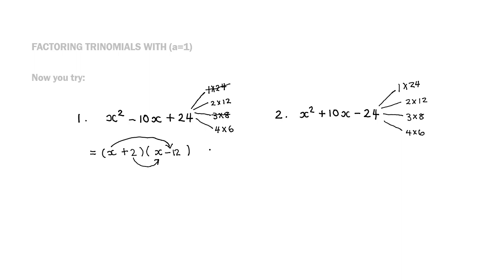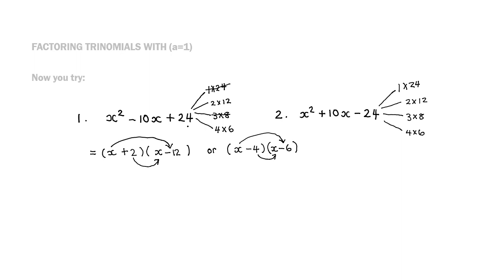Or what we can have is x and x in the other bracket, and then using the 4 and the 6 we can have minus 6 and minus 4. So we're going to have negative 6x and negative 4x, that will give us a negative 10x.